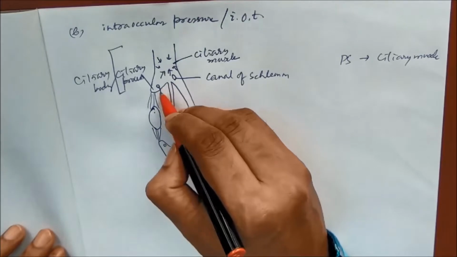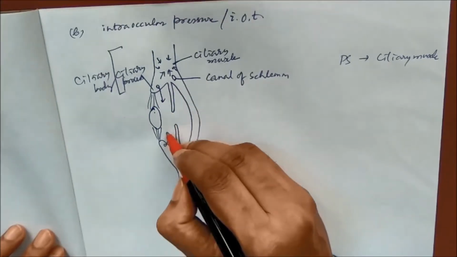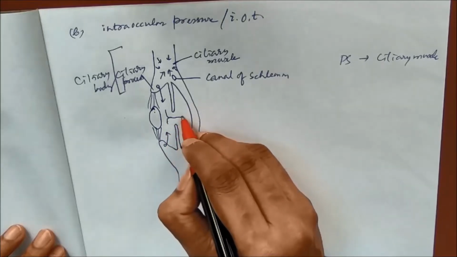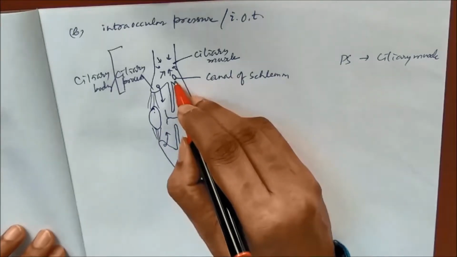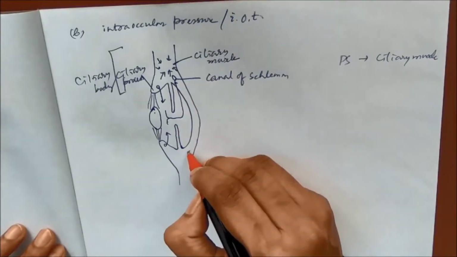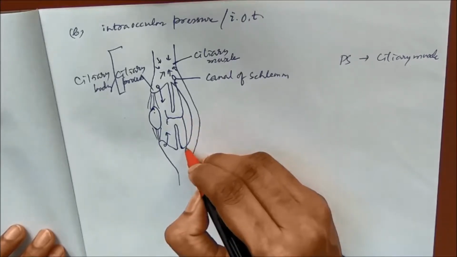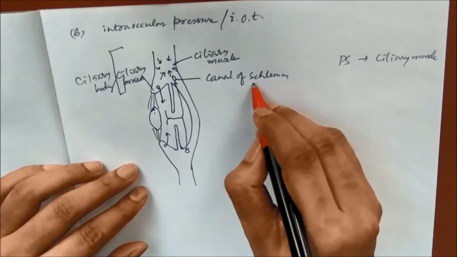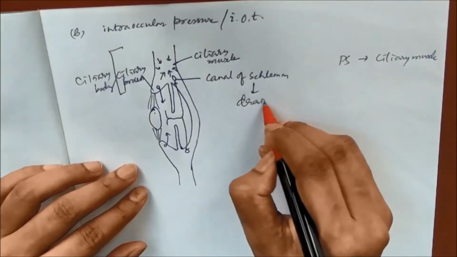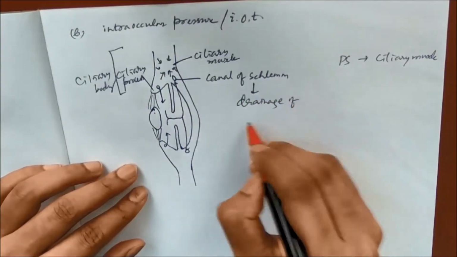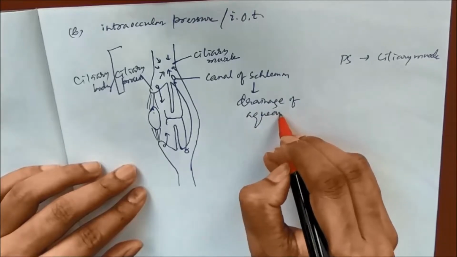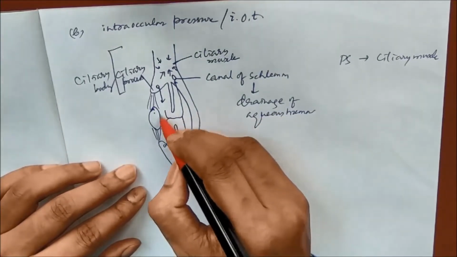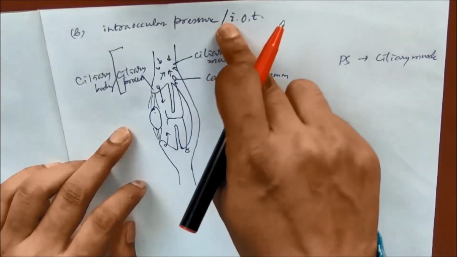Its function is the drainage of aqueous humor. When aqueous humor is released, it is drained through this canal of Schlemm. Aqueous humor puts pressure on the lens, and that pressure is called intraocular pressure.